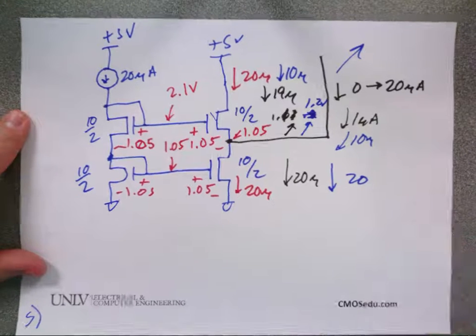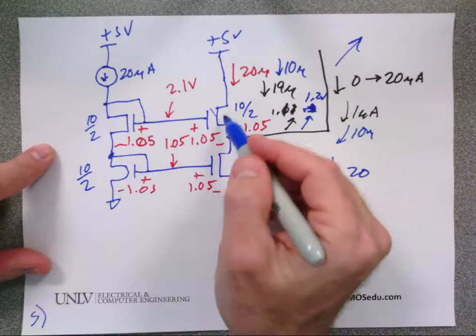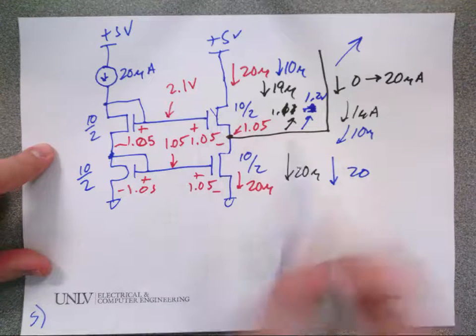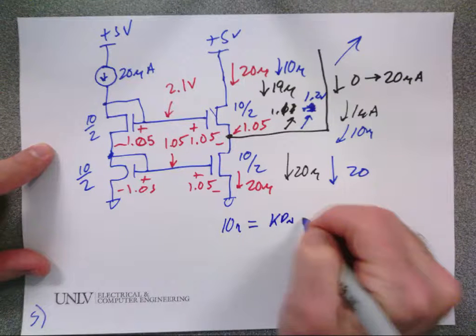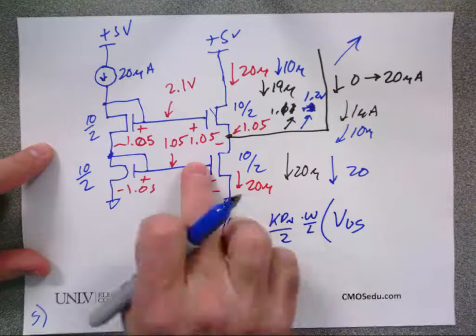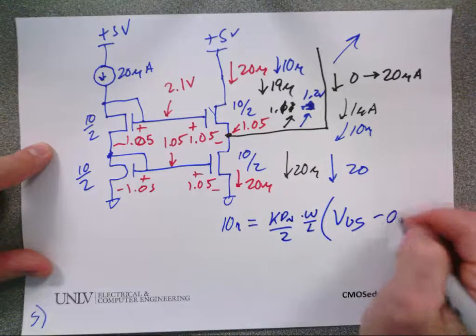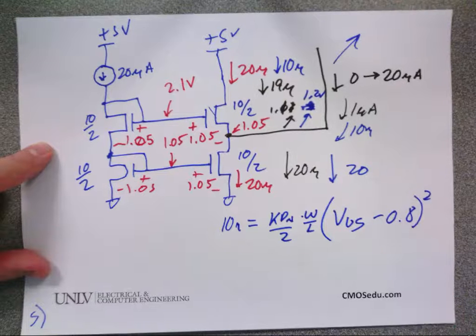You would have to calculate it. So what you would do is say, there's only 10 microamps flowing in this, so let me calculate the VGS. 10 micro is equal to Kp sub n times W over L divided by 2 times whatever that VGS is, minus 0.8 for this process, the threshold, and then you solve for the VGS. Now here's the thing.